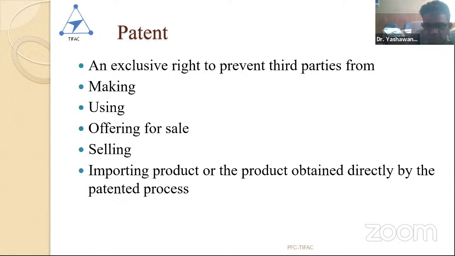What essentially is protected in a 1,000-page or 100-page or 30-page or 40-page patent document is your linguistic expression in the form of patent claims. So there's a portion in a patent document called patent claims, and the protection is available to you.